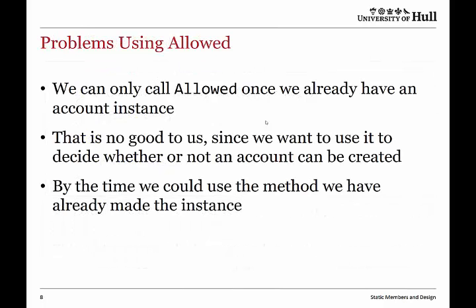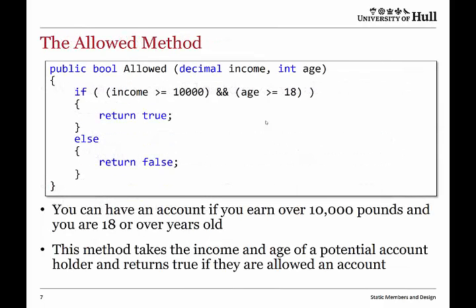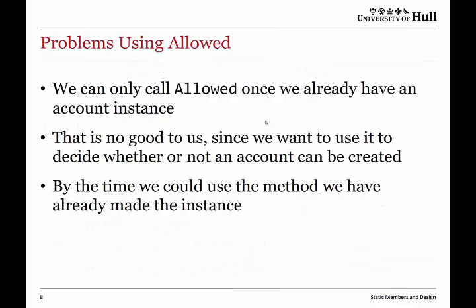But the snag is that at the moment, we can't use this method until we have an account, which is a bit stupid. I only call that method when I already have an account instance. So that means that I might get exceptions thrown, and I'd really rather be able to check first.